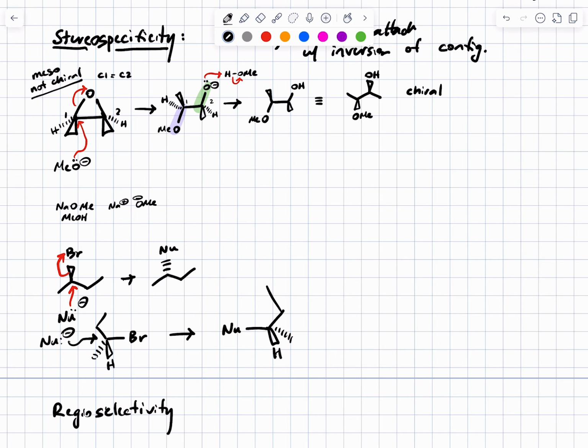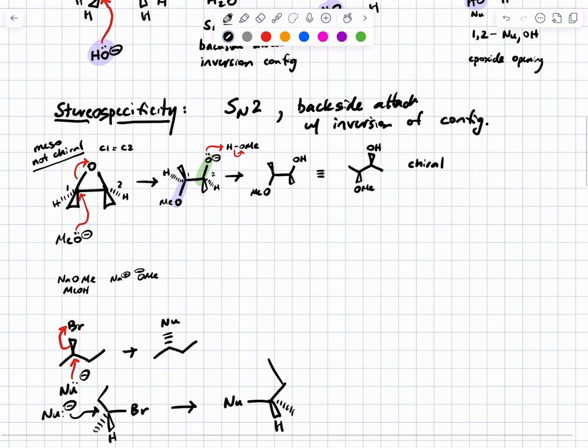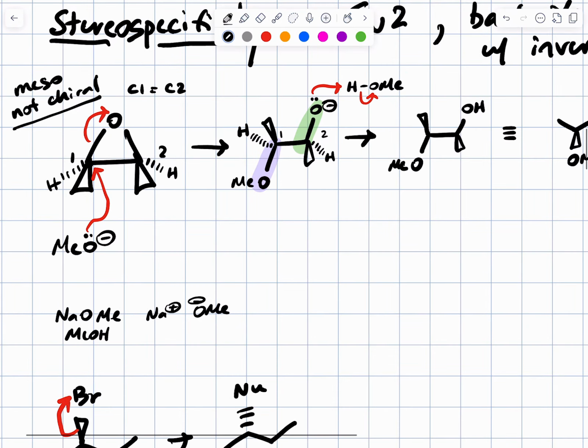Yeah. Okay, so there's no chirality from nowhere. If you start with a non-chiral starting material and you get a chiral product, you have to make the other enantiomer. Any guesses where that other enantiomer comes from? Yeah, how about attacking C2? If we attack C2, then I'm going to just skip ahead to the product.